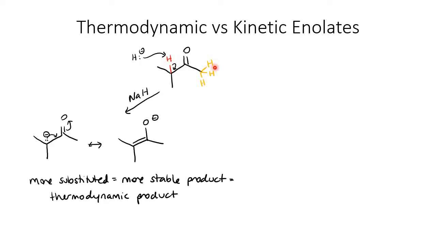So instead, the LDA is going to remove one of the more easily accessible hydrogens, which are the orange ones over here. So the LDA will remove the orange hydrogens. That again is going to form an enolate, but now the enolate is going to be on the least substituted carbon. And again, this is stabilized by resonance.